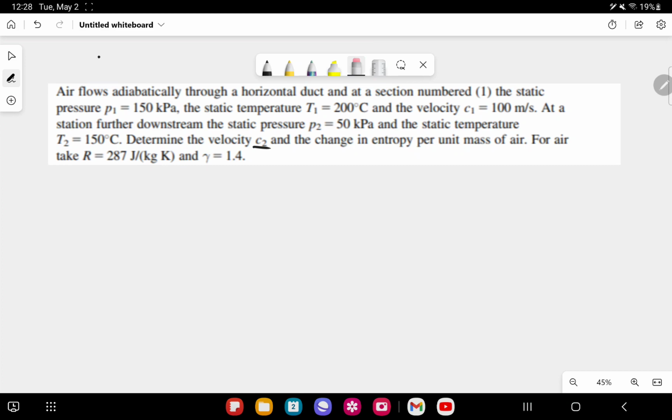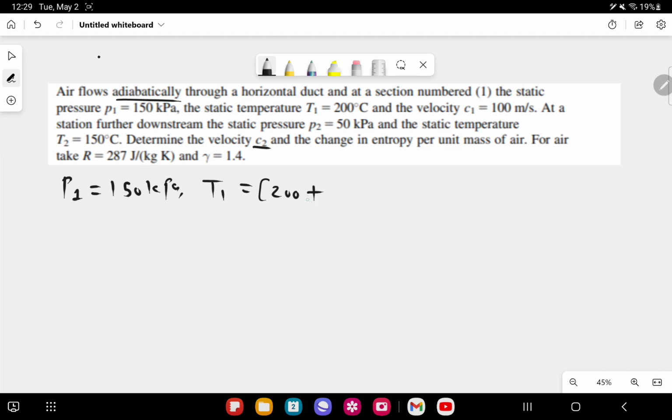Today we are solving another interesting thermodynamics related problem. The problem statement is air flows adiabatically through a horizontal duct and at a station number 1 the static pressure P1 is 150 kPa and the static temperature T1 is 200 degrees Celsius.